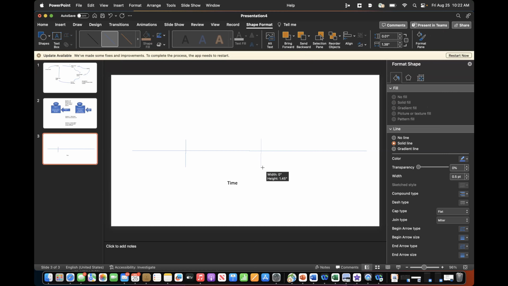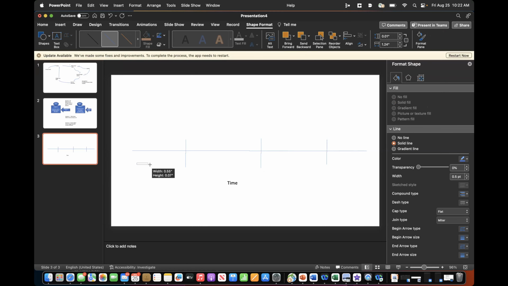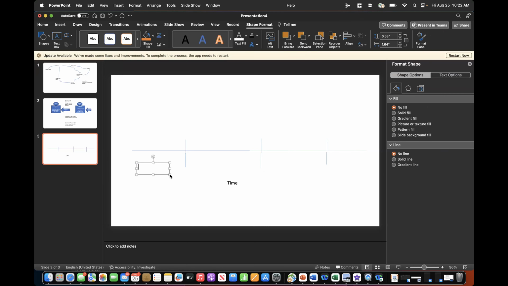I'm going to add some lines here so that we have 4 different sections, and then we'll lay out what results we're going to have in each one of these sections.